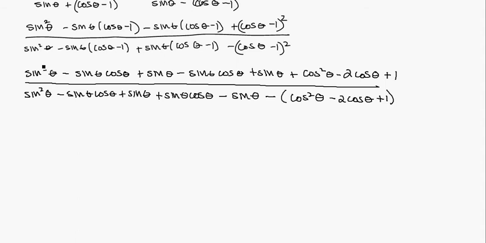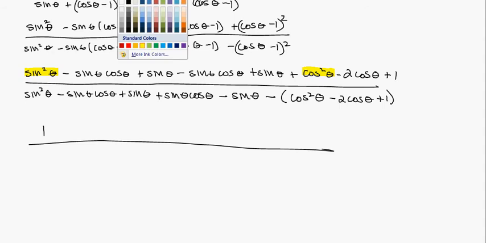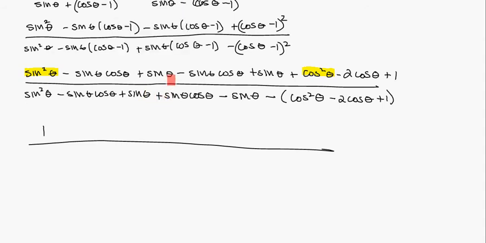So now this and this is 1. Anything else? This and this is 2 sine theta.